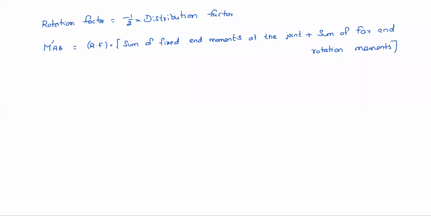Okay, after finding M dash AB and all, then finally substitute M dash AB and M dash BA values in the MAB equation.